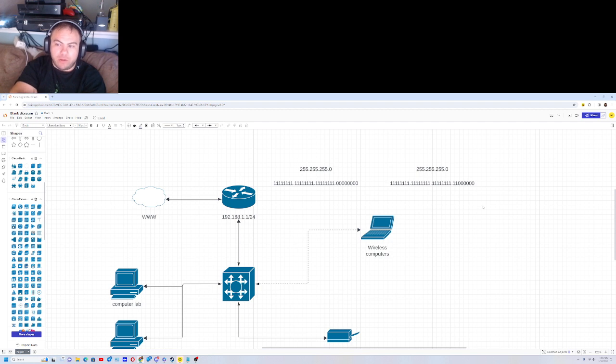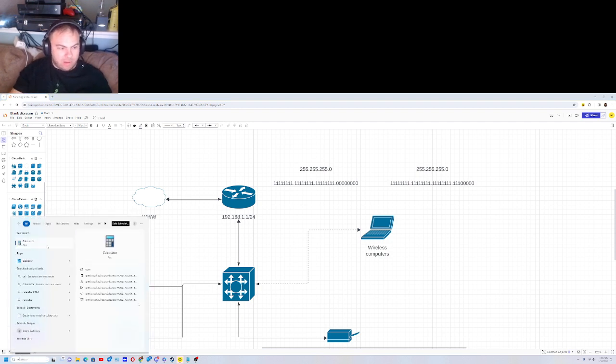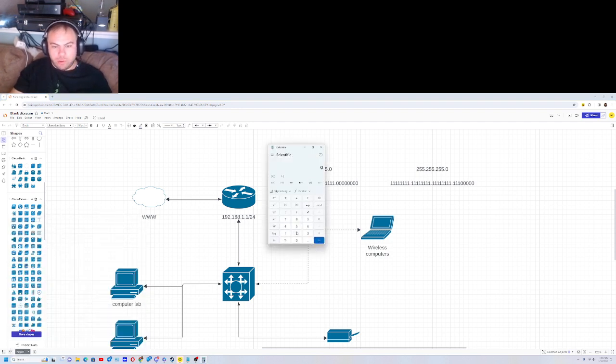Well, that's where we go 2 to the power of 3. So if we took one more of these ones, we'd have 2 to the power of 3. You see where that's going? If I pull up the calculator again, 2 to the power of 3 equals 8.